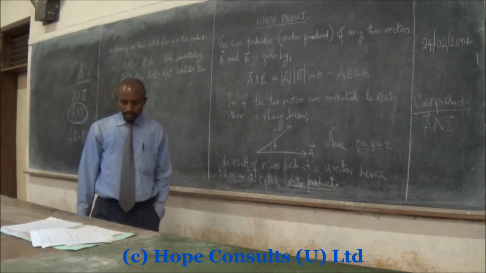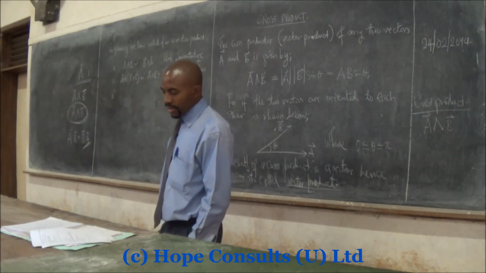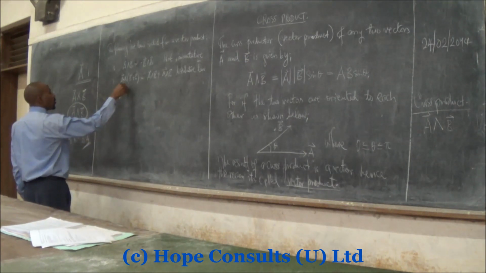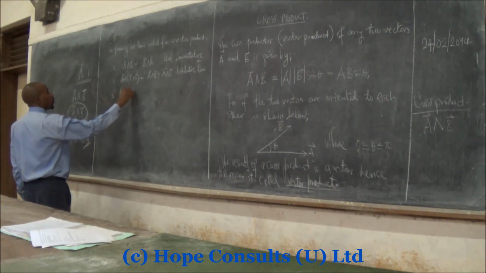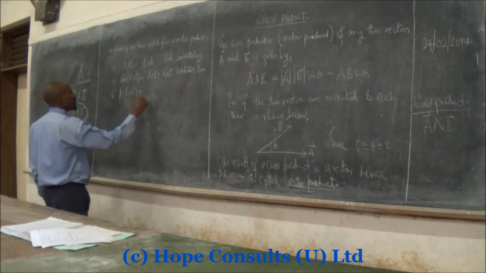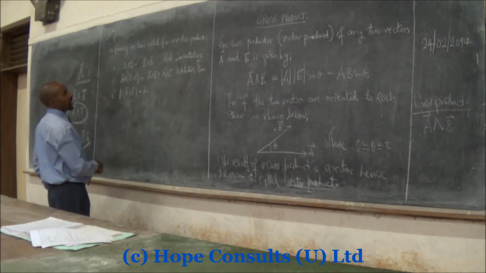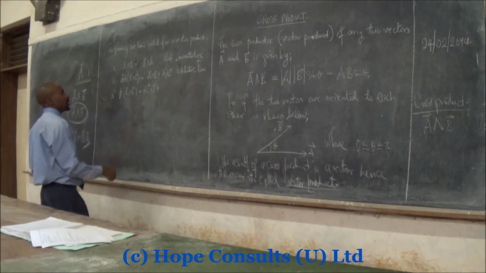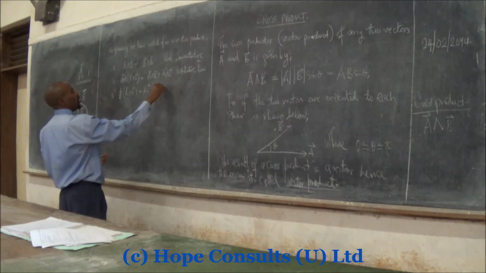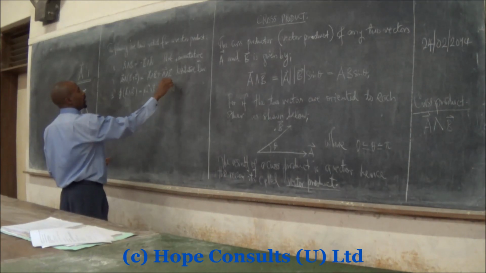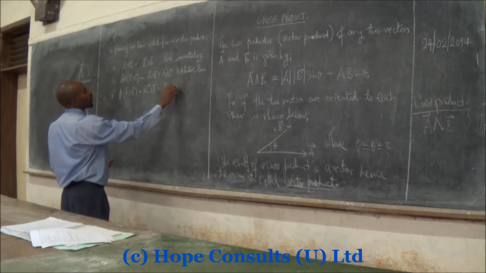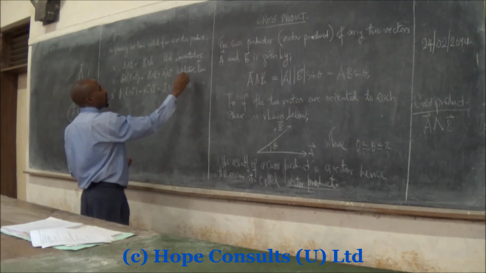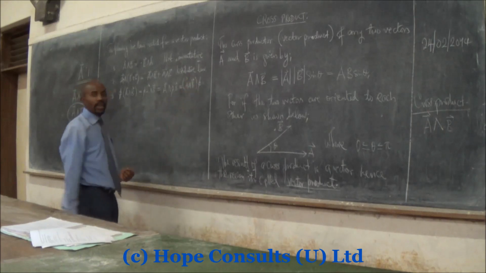Three is that if we have a scalar and that scalar is multiplied across the cross product of these two vectors, A cross B, this would be the same as the scalar times A cross B, similar to vector A crossed with the scalar multiplied with B, or you can rewrite it as A cross B and multiply the scalar on the other side.